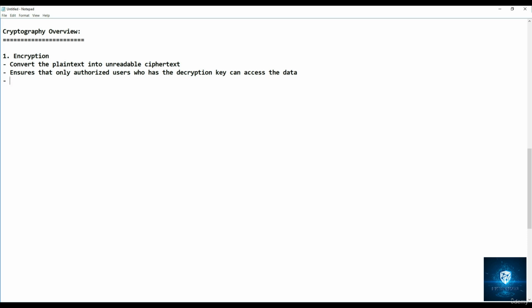So what are the common encryption algorithms that cryptography technology uses?